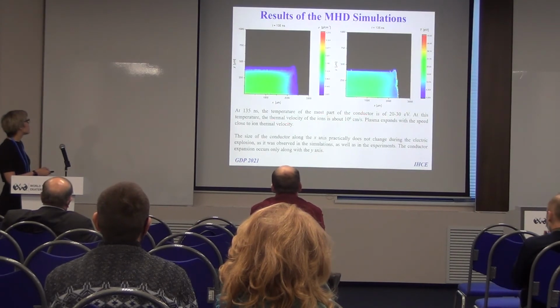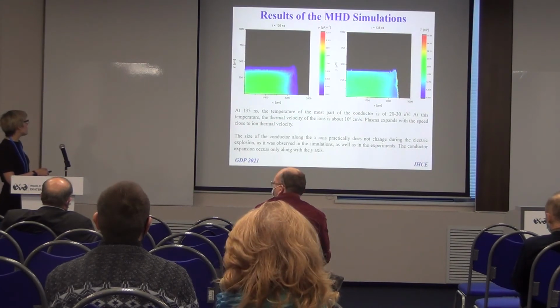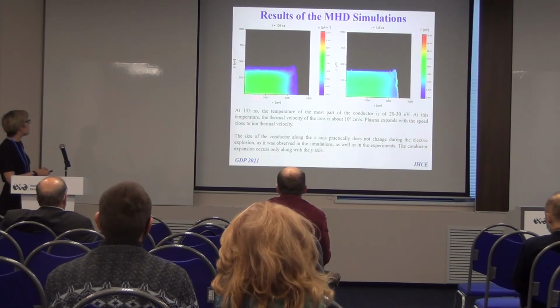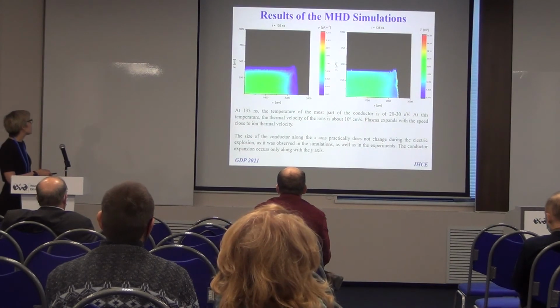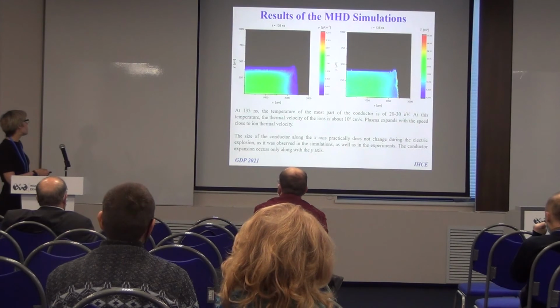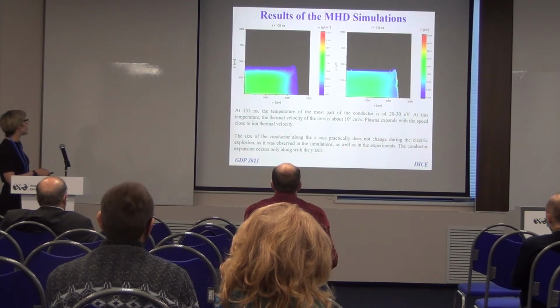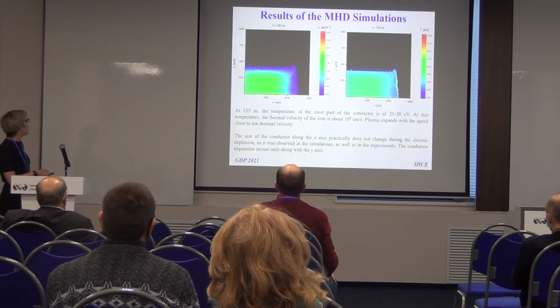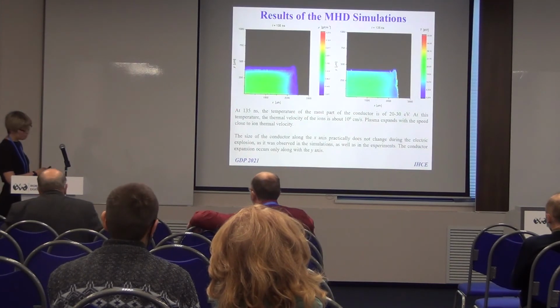Plasma expands with a speed close to the ion thermal velocity. The size of the conductor along the x-axis practically does not change during the electrical explosion, as observed in the simulation and in the experiments. The conductor expansion occurs only along the y-axis.